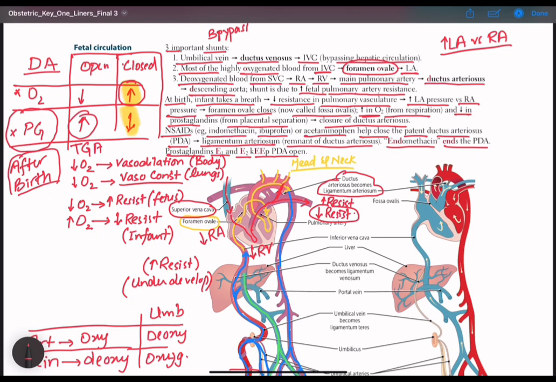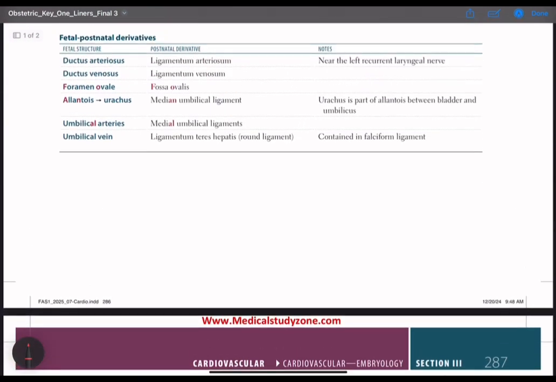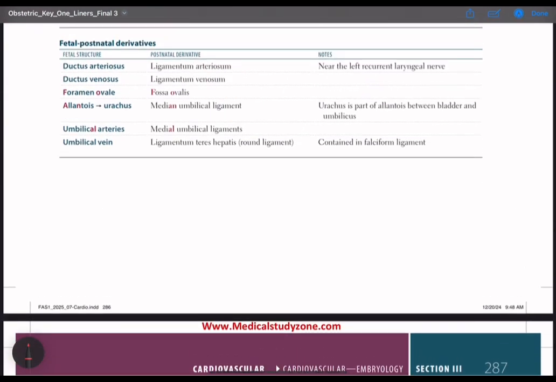In such state, in order to buy time for surgery, we have to keep the ductus arteriosus open. So, in order to keep ductus arteriosus open, we give patients prostaglandins in order to maintain the patency of ductus arteriosus.